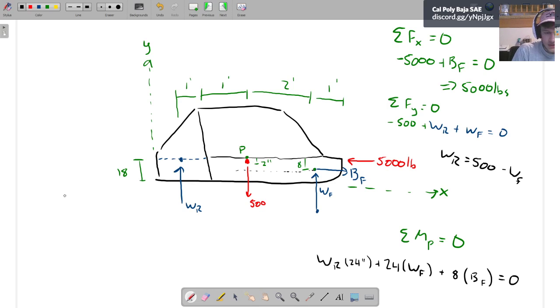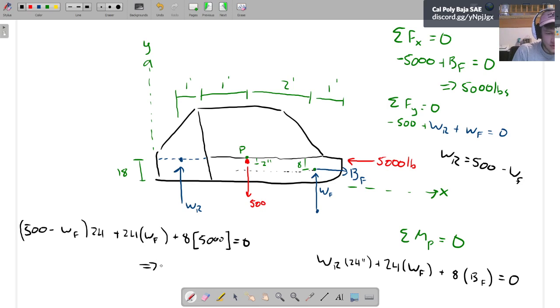And then we can replace it here. So we have 500 minus WF. That's the force in the front, times 24, plus 24 times WF, plus 8 times 5,000 equals 0.